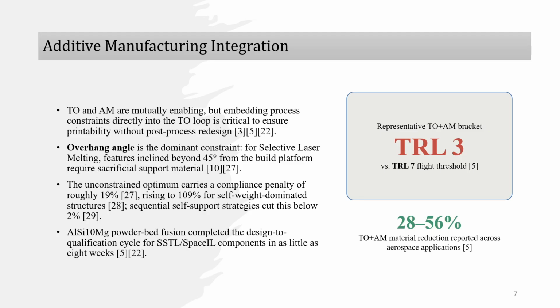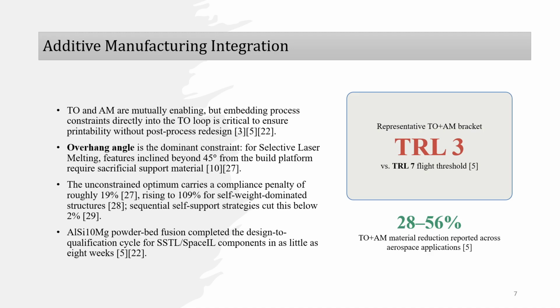In powder bed fusion, overhang angle is especially important because features beyond a certain inclination require support material. The key point is that additive manufacturing constraints should ideally be embedded directly into the optimization loop.